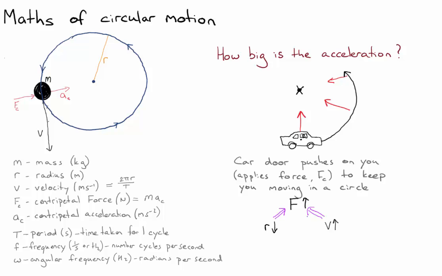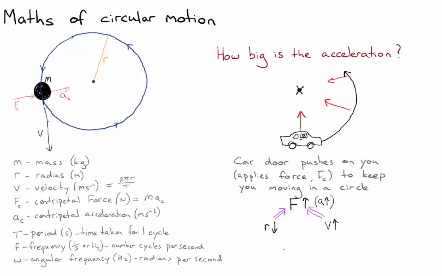For a given radius of motion, if you're travelling fast, you'll need a larger centripetal force. We know that force is directly proportional to acceleration, so a small radius and a large velocity will also be associated with a large centripetal acceleration.